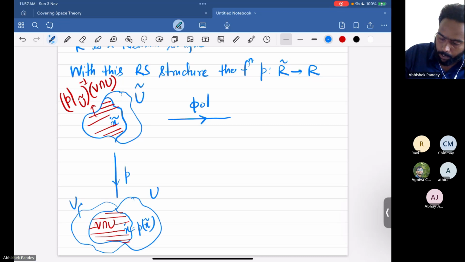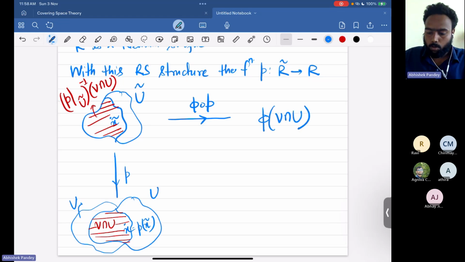Here we have phi composition P, which will map this one to phi of the intersection U. Okay. So to show that this function P is a map between Riemann surfaces, P from R tilde to R, just recall the definition of holomorphic functions on a Riemann surface. Basically, they have to be holomorphic via charts.